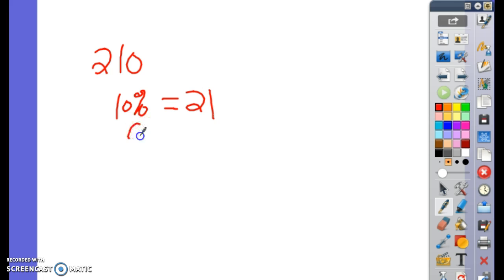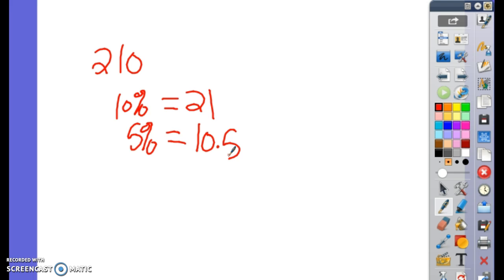So you'll find 5%, so you'll half 21, which is 10.5. And then all you need is 1%, because it's easier to find the 1% out of a smaller number.